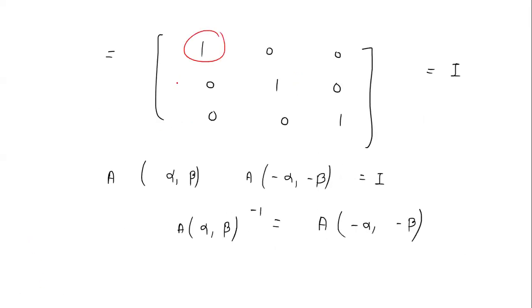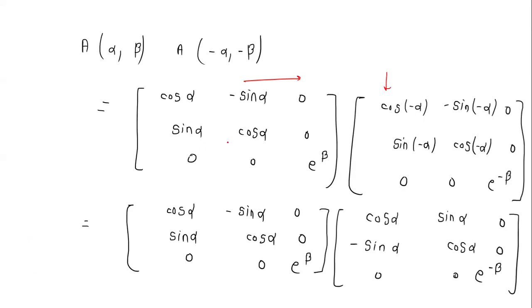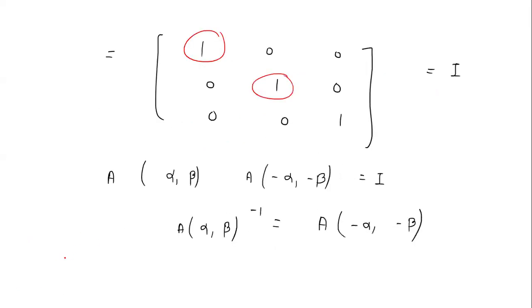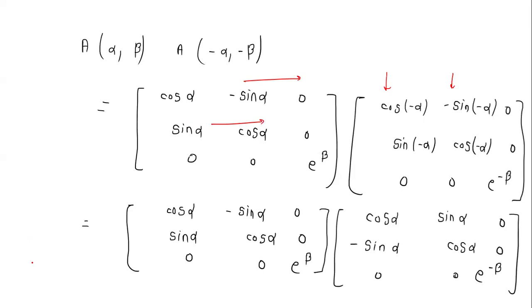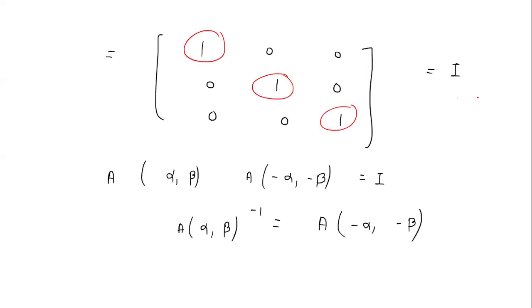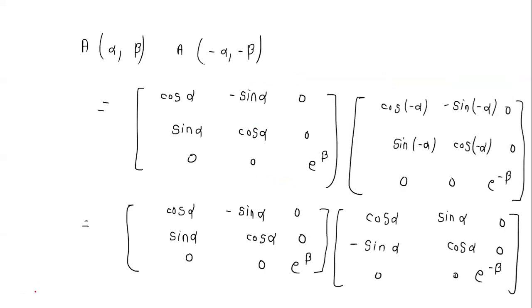So this will give us 1. Similarly, this row and this column will give us 1 here. Other elements are 0. And similarly, this row and this column will give us 1 here. So you see this is the identity matrix.